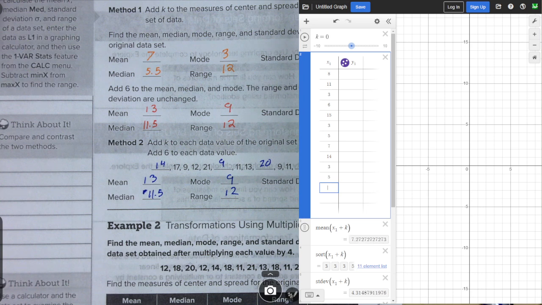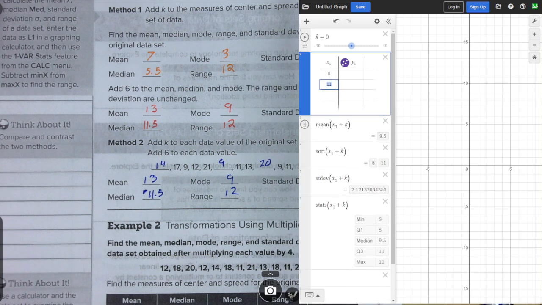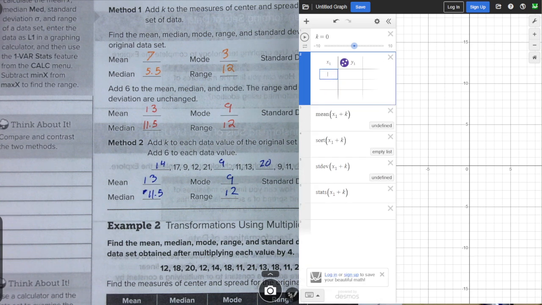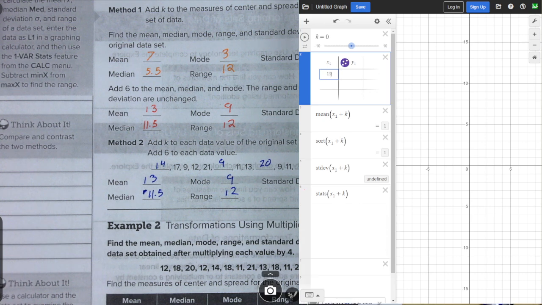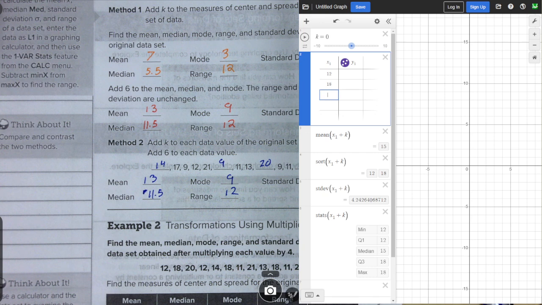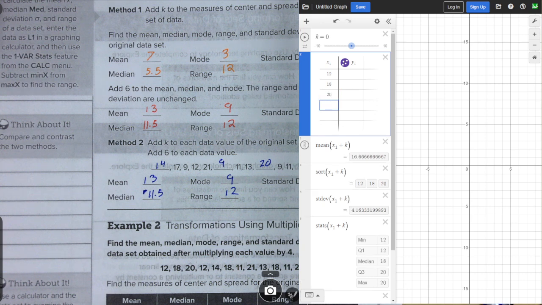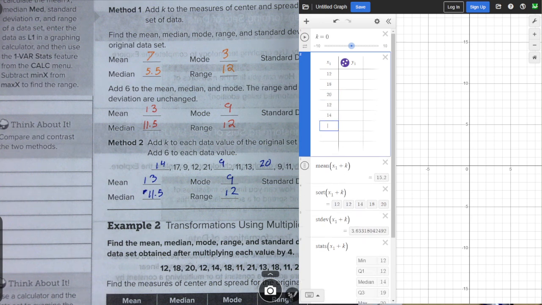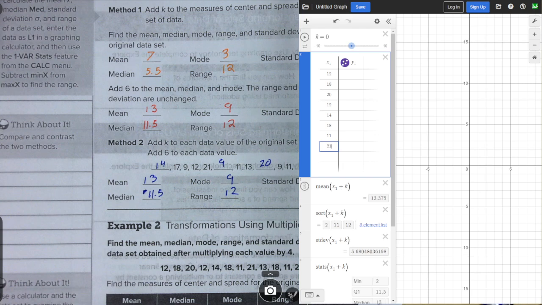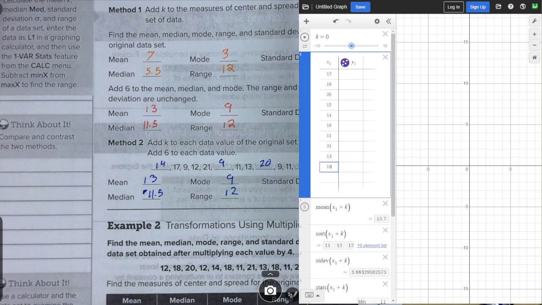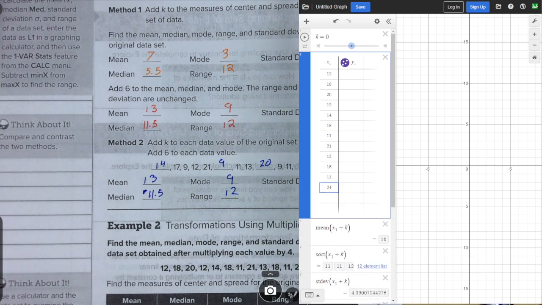Now what we're doing is setting this up to be the easiest way to do a linear transformation. Putting in our new data set, 12, 18, 20, 12, 14, 18, 11, 21, 13, 18, 11, and 24.